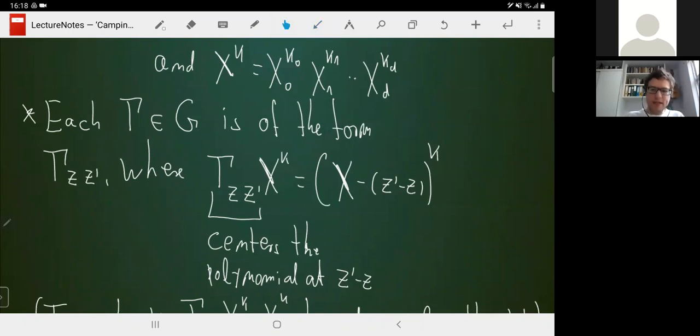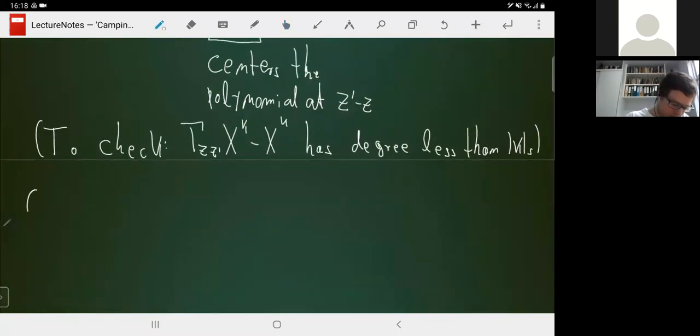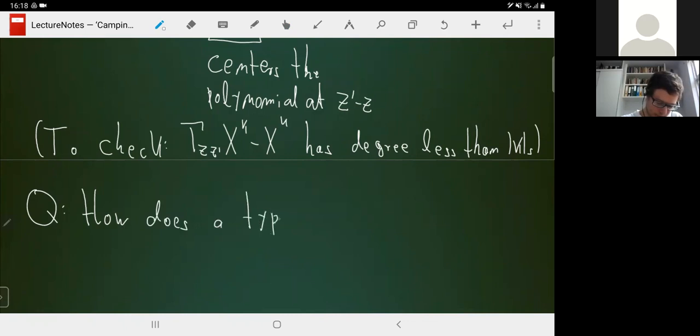So now let's think how a typical element of this regularity structure looks like. And by typical, I mean interesting for our purposes.